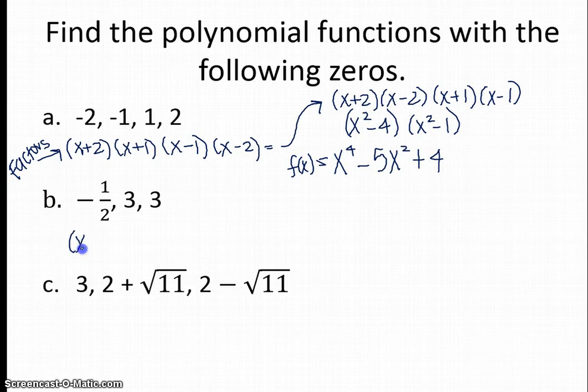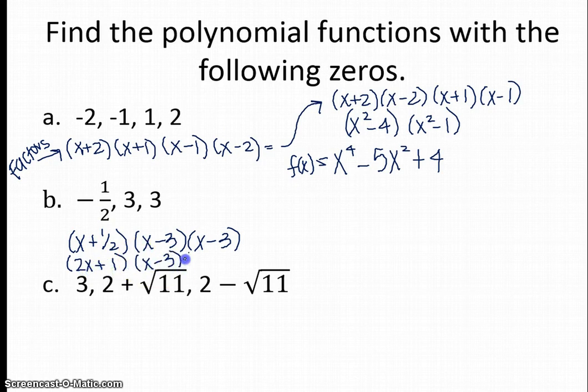So down here I'm going to have x plus a half, x minus 3, and x minus 3. The only thing is, I typically won't leave this as a fraction inside my factor. I would change that one to 2x plus 1, and then x minus 3, x minus 3. And then make sure you multiply that out.